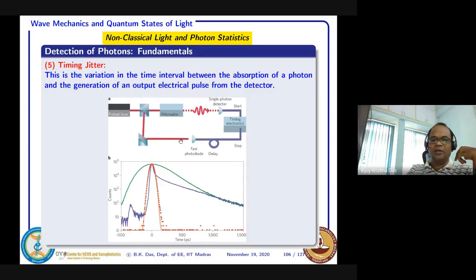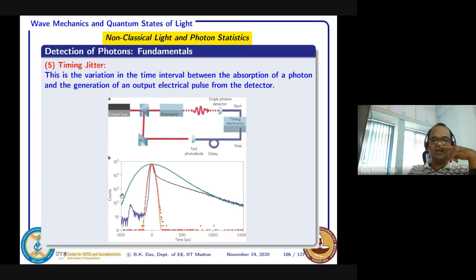But whenever one photon is coming and you correlate with this one, you measure the histogram of the exact timing, the arrival time, and you just note it down. So in this figure you see three different photodetector curves.